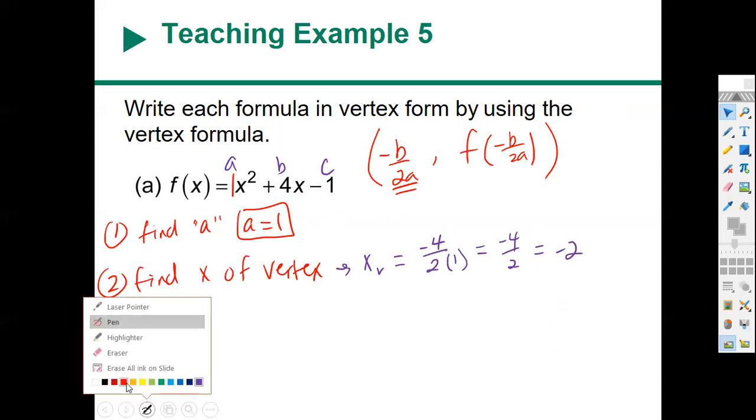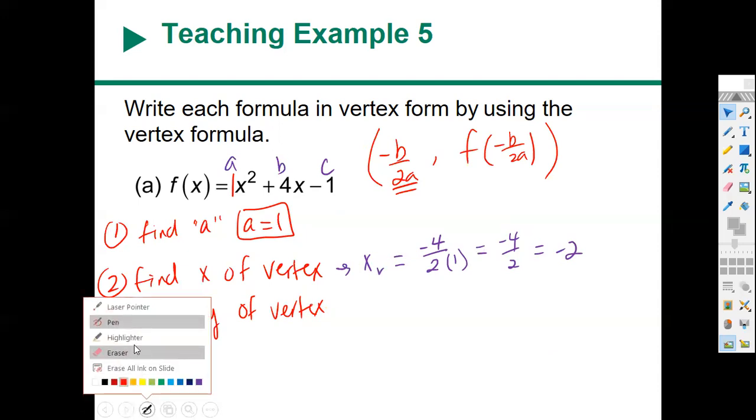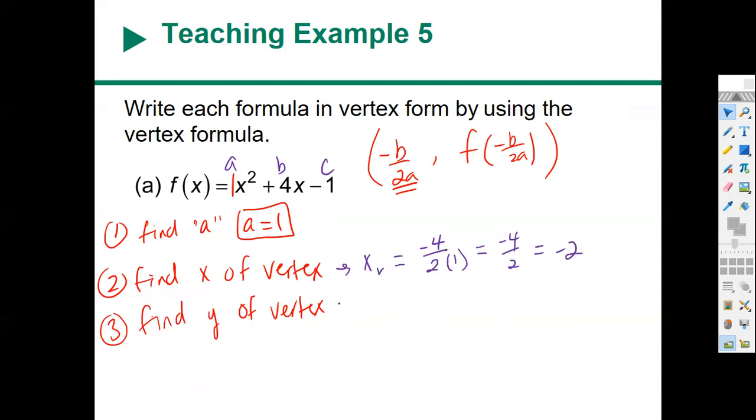Okay. Step 3 is to find the y value of your vertex. So to find the y value of your vertex, you're going to substitute what you got from step 2 into the equation. So to find your y value of your vertex, it equals f of negative 2, which means that wherever x is, I'm plugging in negative 2.